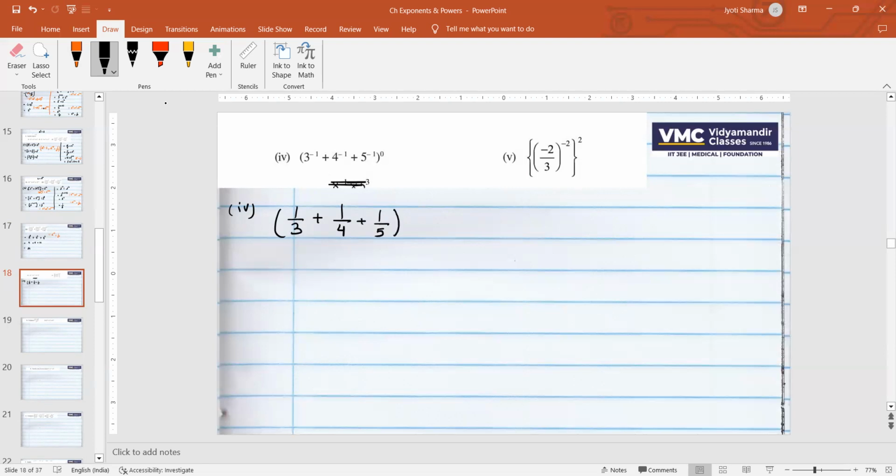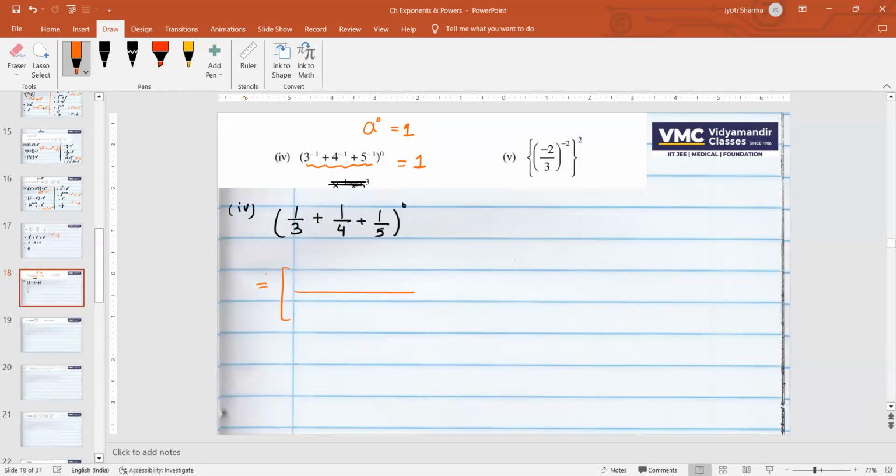Even I need not do it there because the whole number, actually, is to the power 0. Whatsoever is the simplification answer, raised to the power 0 will give you answer 1. Because you know that a raised to the power 0 is 1 only. So you can directly write it. You need not waste your time in doing simplification.